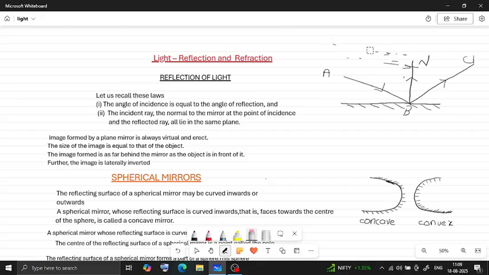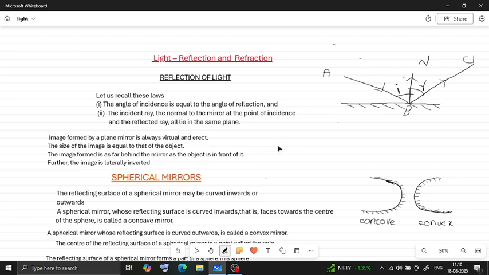We also studied in earlier classes that there are many laws. How can we recall them? Consider this is our incident ray and this is our normal. The angle between the incident ray and the normal is called the incident angle, which is angle i.